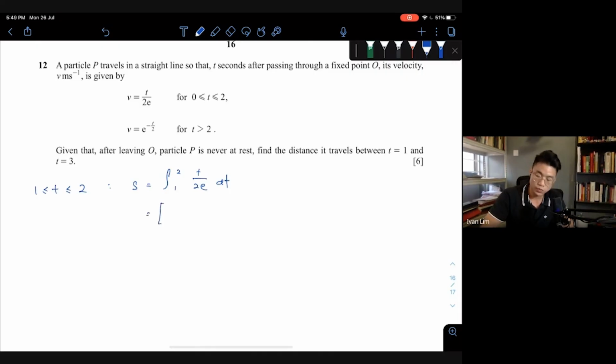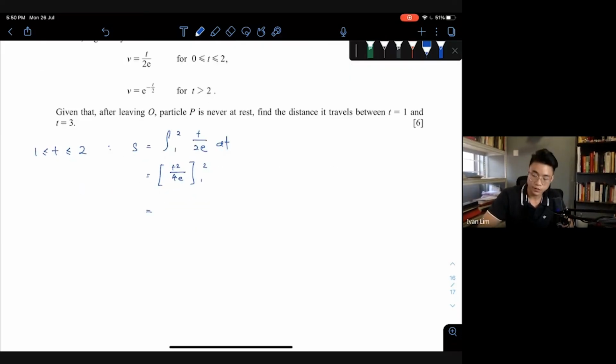What you will get here is t squared over 4e, from 1 to 2. Then 4 over 4e minus 1 over 4e will get equals to 1 over e minus 1 over 4e.